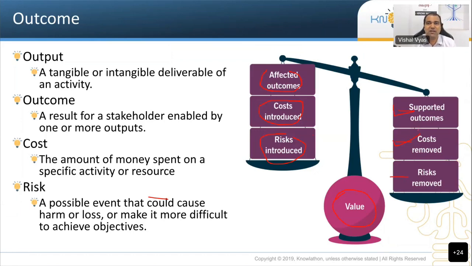But the service provider will normally not show what outcomes can be affected, what costs can be introduced, and what risks can be introduced. So you will have to do your own study and find out the sum total to take a decision whether to go for a service or not. Make sense?